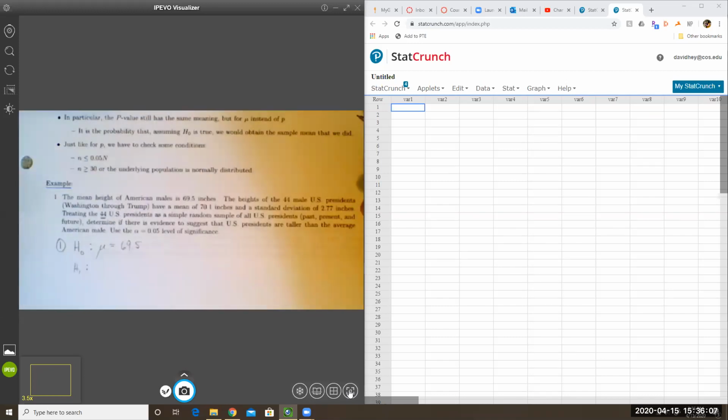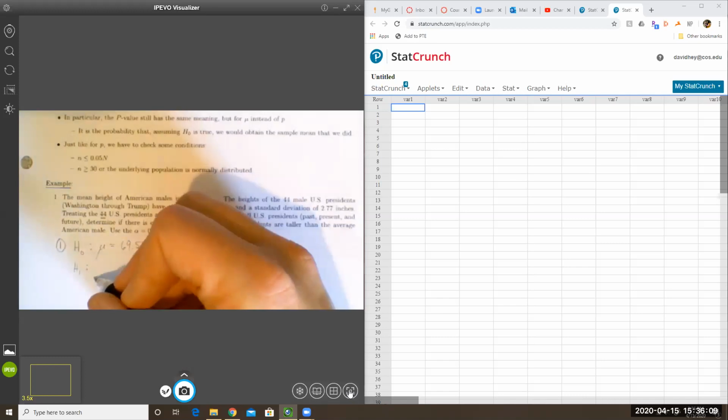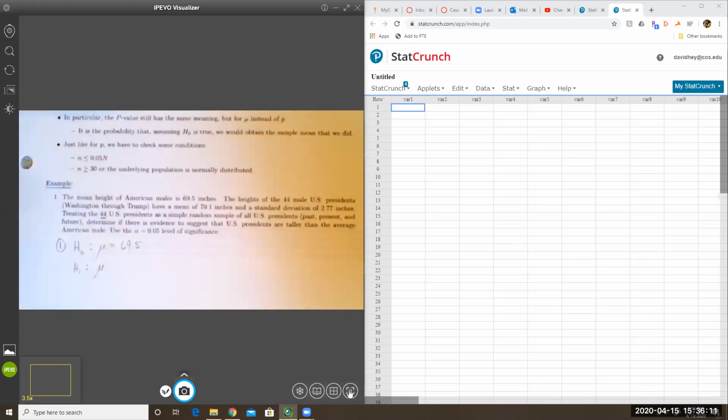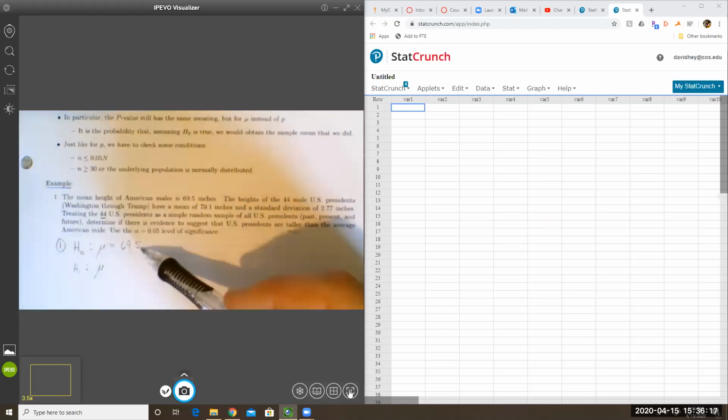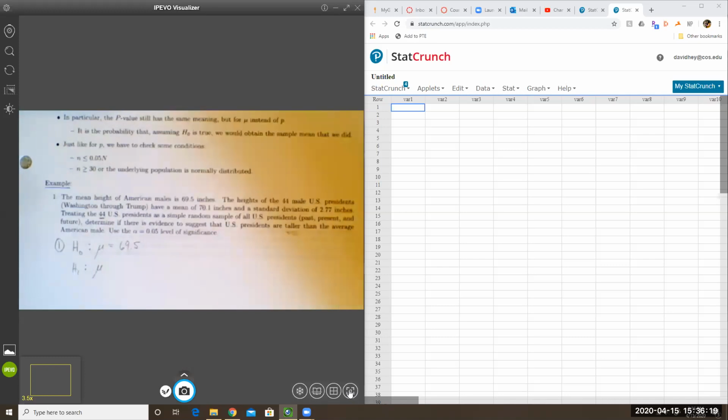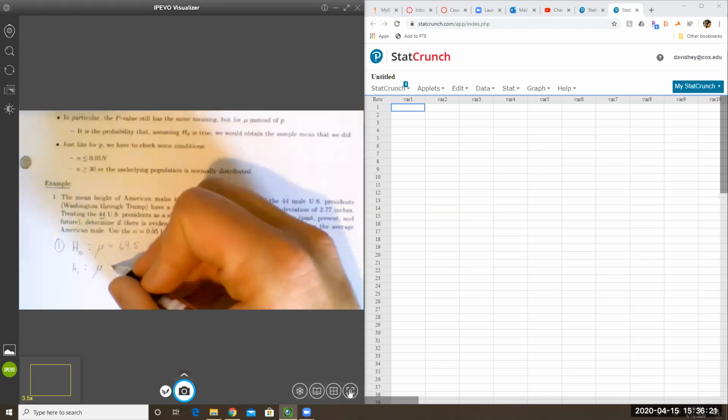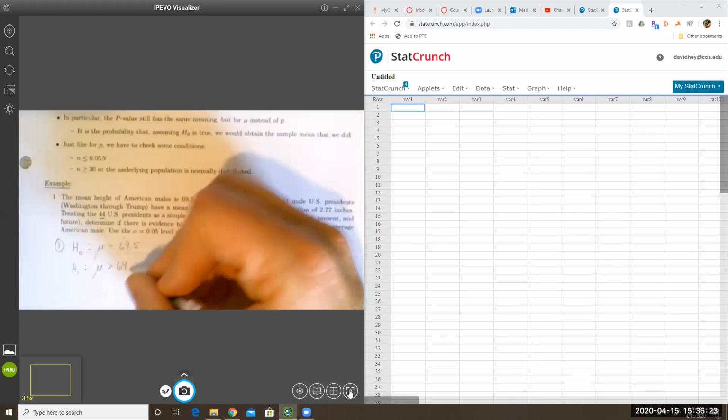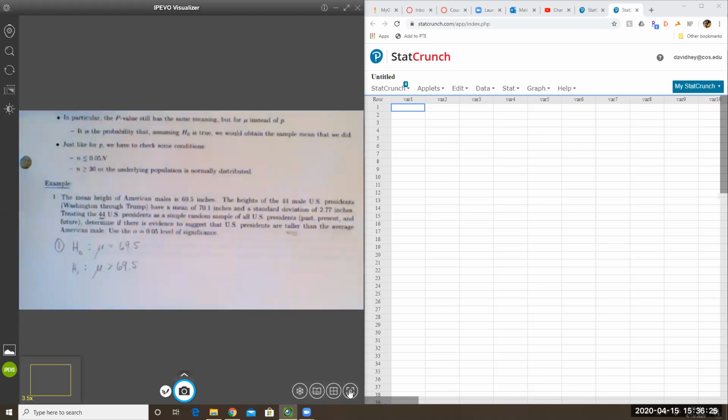So we want to know if, in fact, that average is taller. We want to know if US presidents are taller than the average American male. So we want to know if mu is actually greater than 69.5.